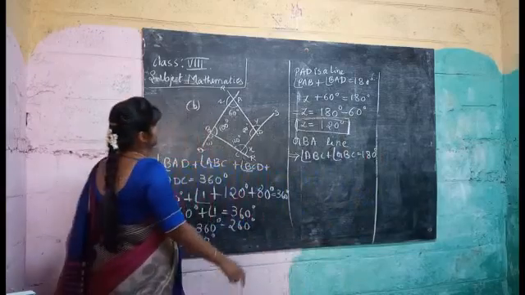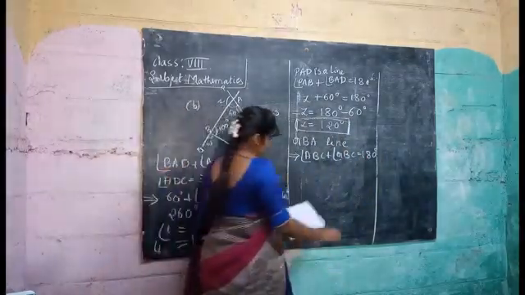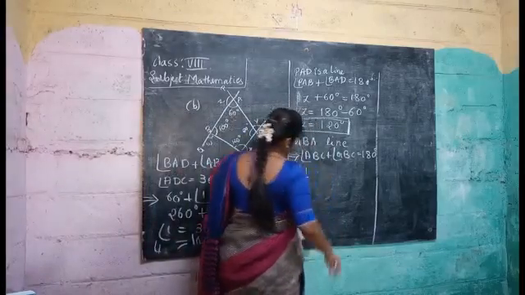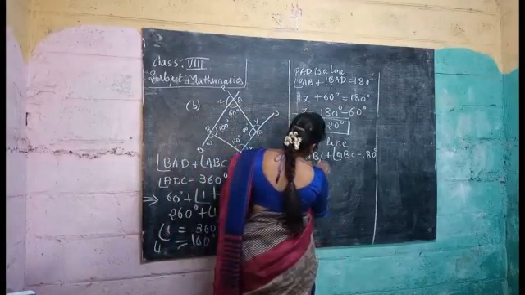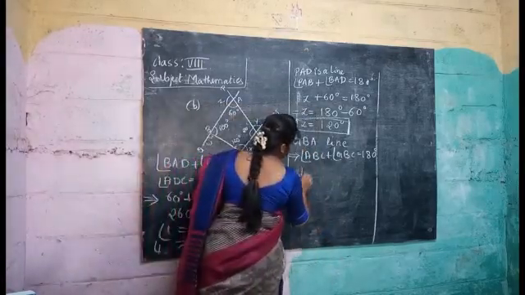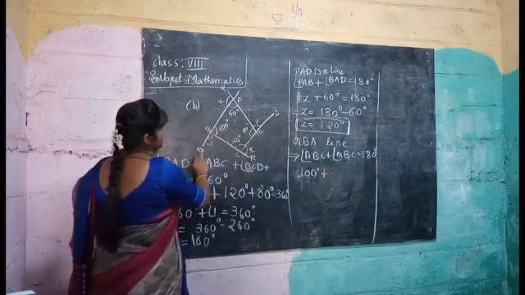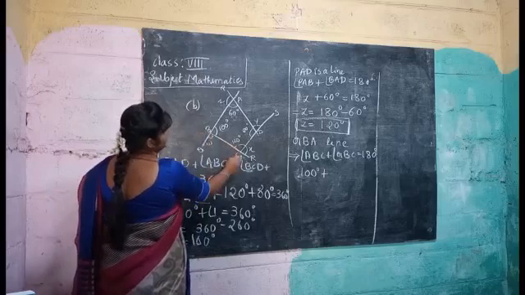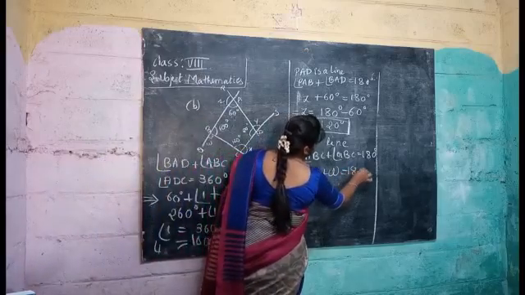Where is ABC? A, B, C. ABC is angle 1, and how much is angle 1? That time we did 100. Okay, we already got that, 100 plus QBC. Where is QBC? QBC is W, equal to 180.